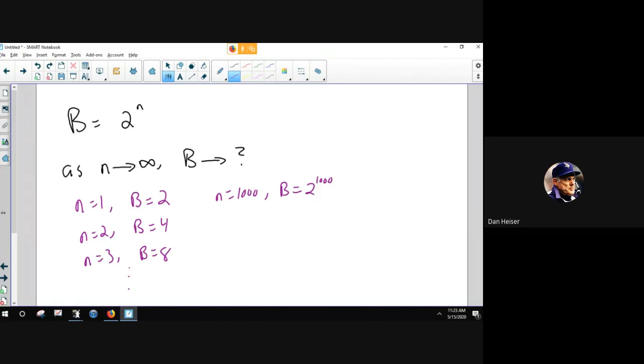This one's growing forever, so it's approaching infinity. This one's not really approaching any number. It's just growing unchecked. And it makes sense. This is an exponential. You should have recognized this right away as an exponential. Exponentials grow forever, very quickly.